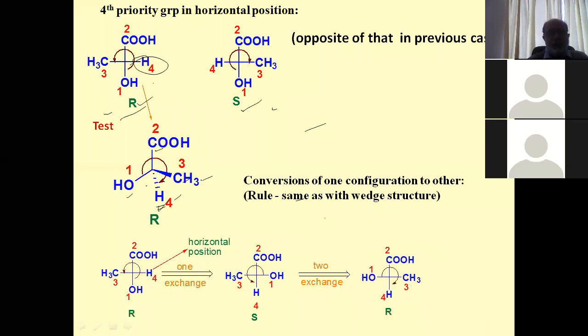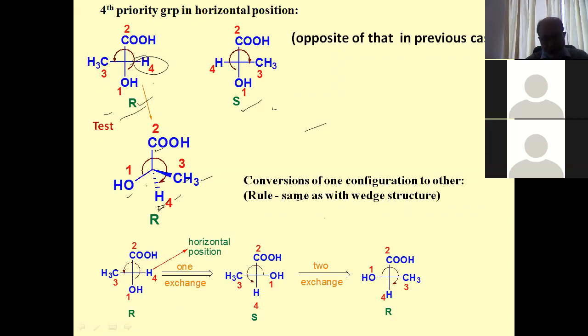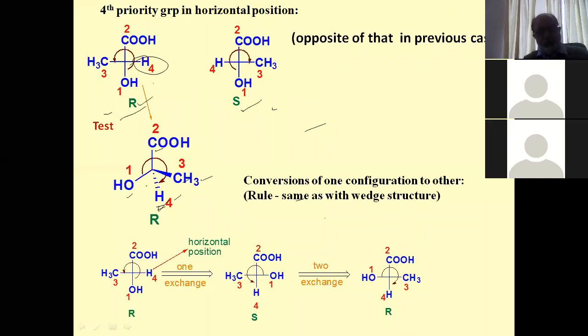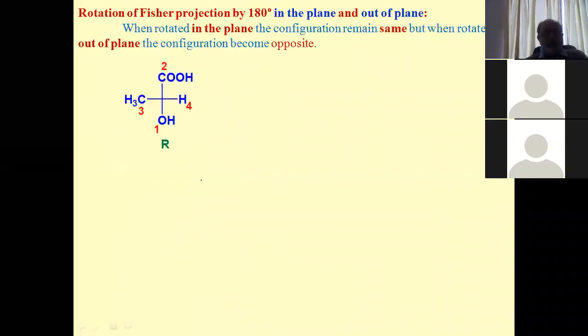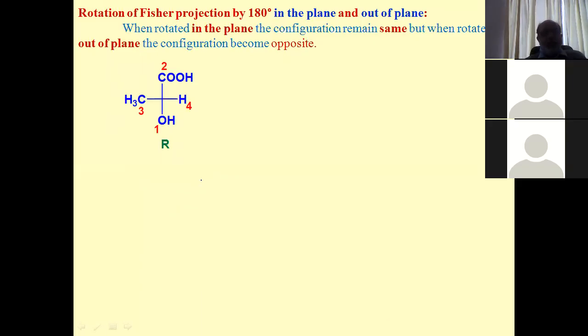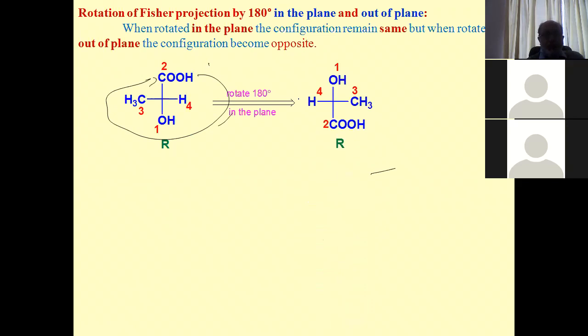And here also the conversion rule: if we make one exchange, it is going to be opposite. If we make two exchanges, it is going to be the same. Also, rotation in the plane and out of the plane. If we rotate a molecule by 180 degrees within the plane, the configuration remains as it is. But if we make an out of plane rotation, that means we just turn it like this.